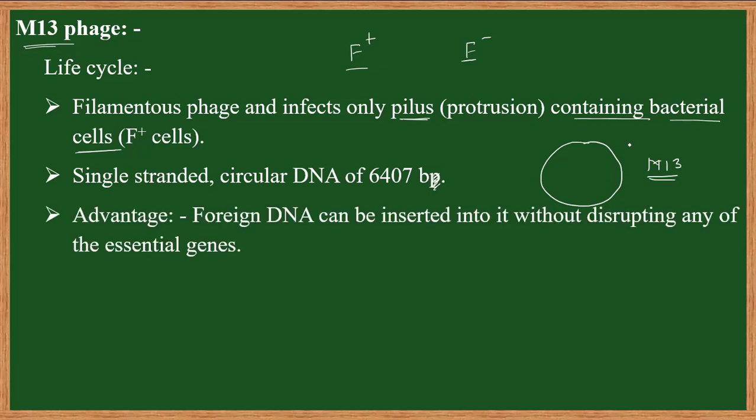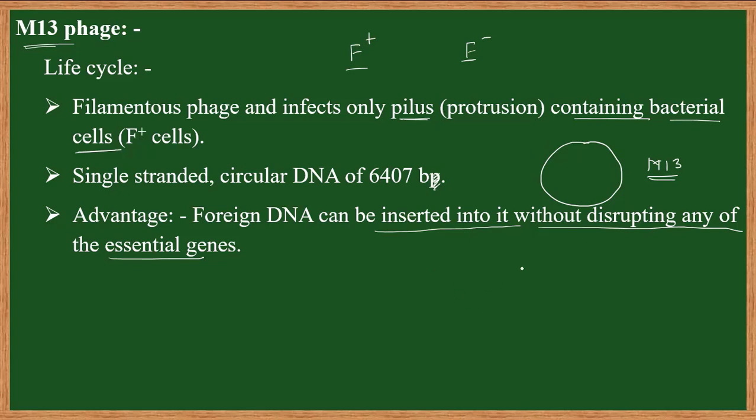So here is a very important, very special type of feature. Foreign DNA can be inserted into it without disrupting any of the essential genes. Without any cut, we can insert a foreign gene, gene of interest or desired gene, okay.